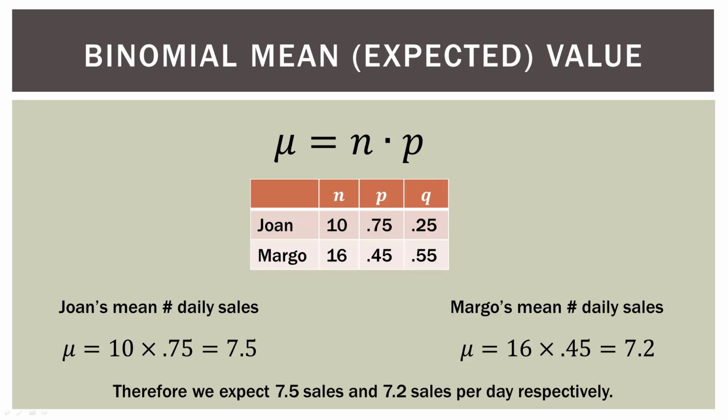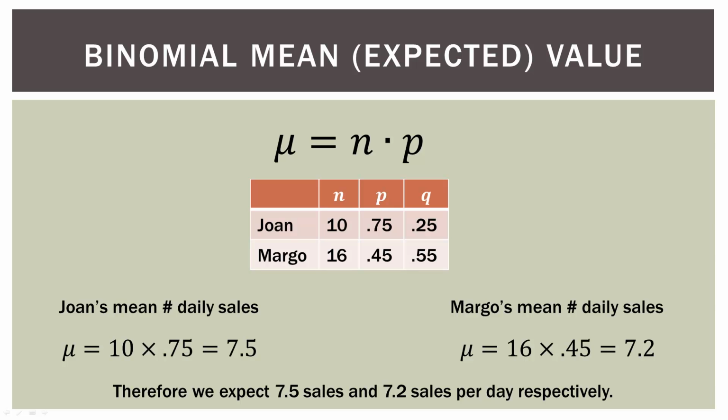Therefore, we expect 7.5 sales per day from Joan, and we expect 7.2 sales per day from Margot. And that is their mean.